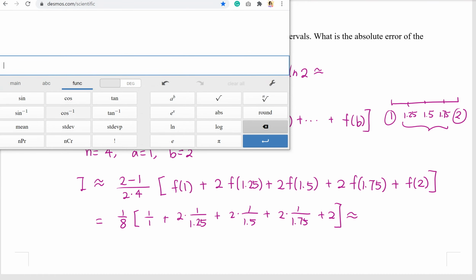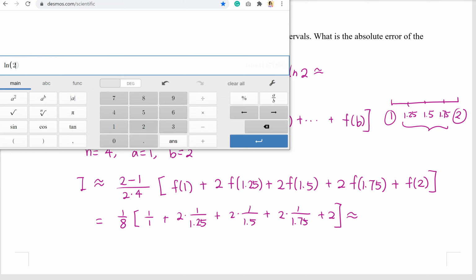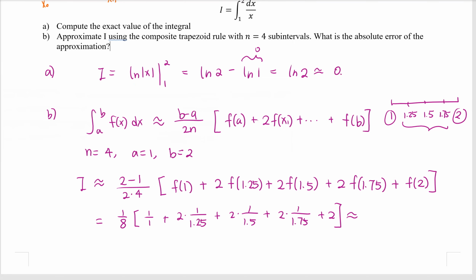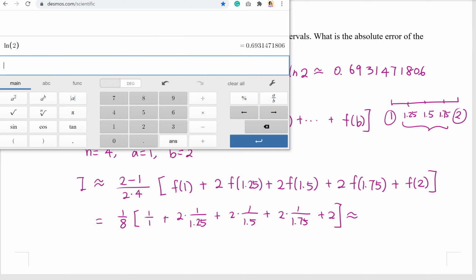So calculator, ln of 2 equals 0.6931471806, right? Yes. And then next, we're going to calculate 1 over 8.